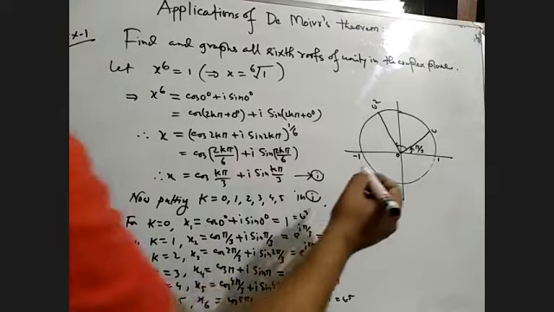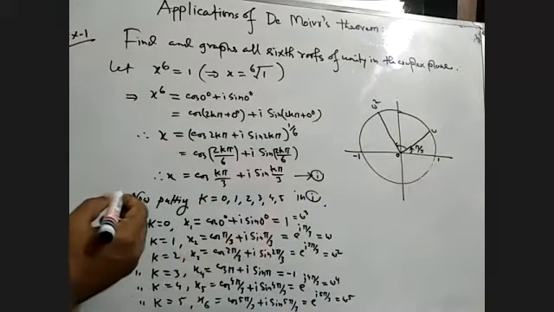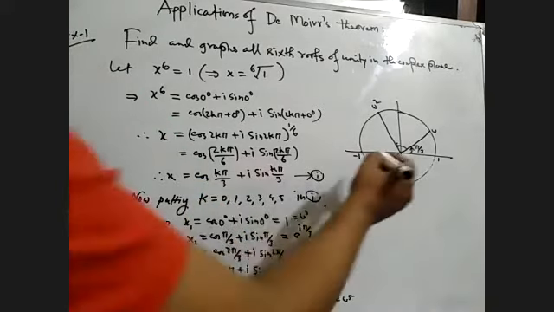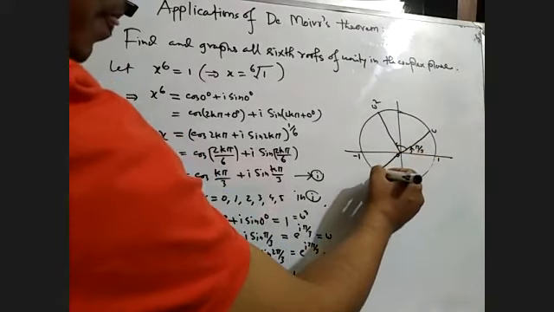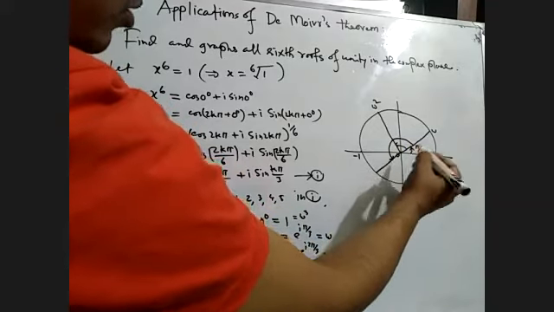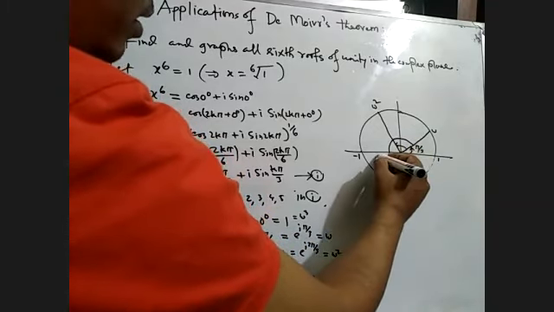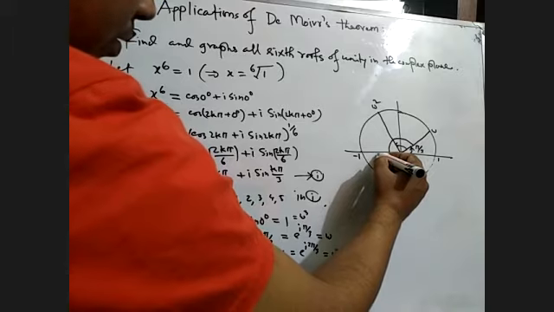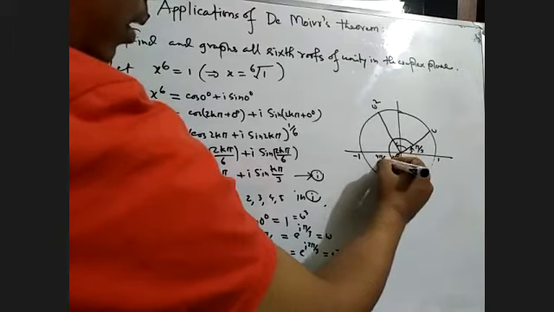Okay, 240 degree will be where? 240 degree will be here. This is 4 pi by 3.